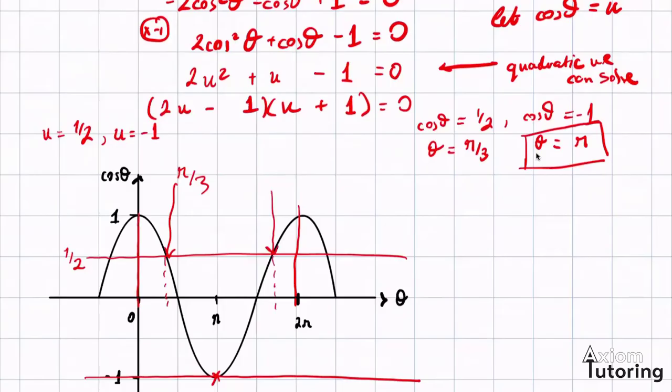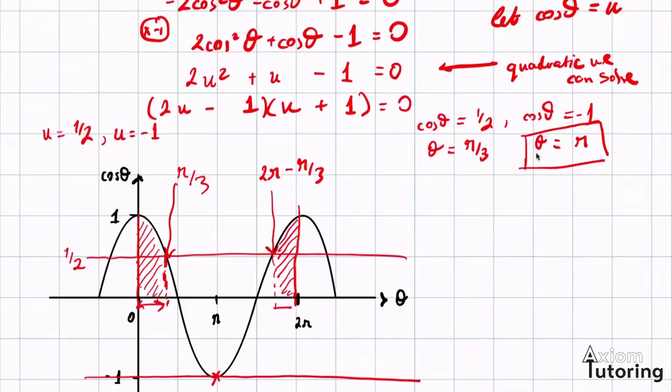Okay, and again, from the symmetry of the graph, we're able to work that out because that's going to be 2 pi minus pi over 3. So if I shade it in a little bit, you might be able to see the symmetry a little bit better. Okay. So that's pi over 3.